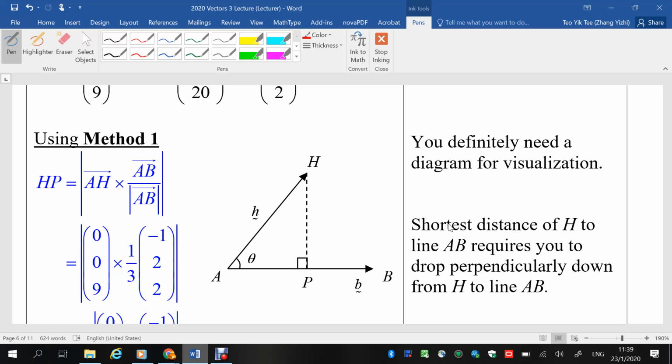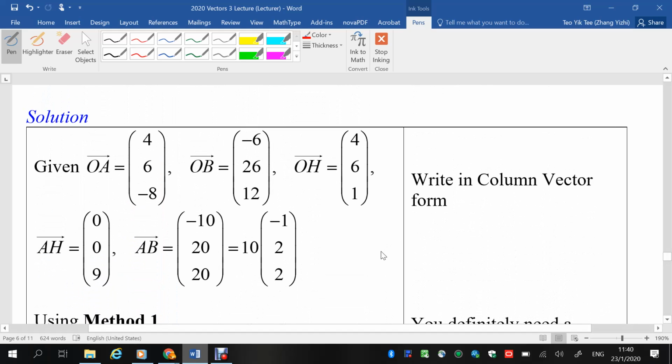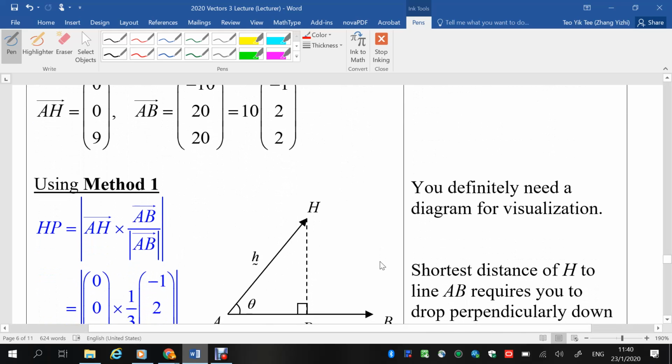I got OA, I got OB, I got OH. Can I go and find what is AH? Can I find what is AB? All these things I never go through for you. You draw your diagram, you know that you need AH, you need AB. So plug everything into the formula.